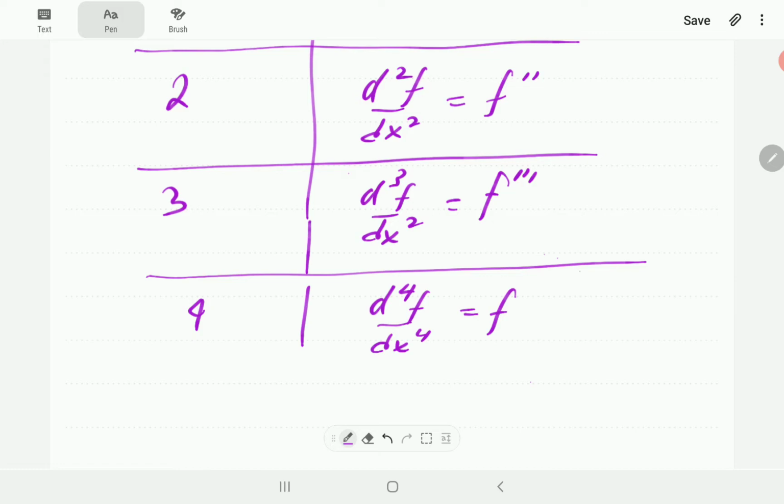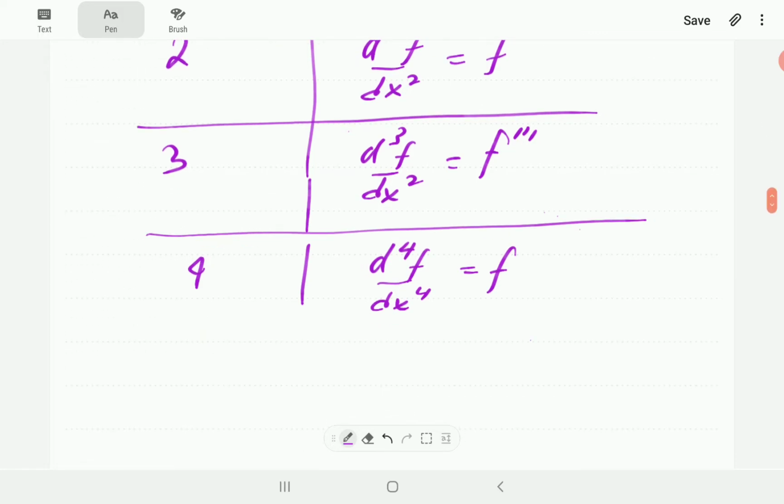Now for derivatives of order beyond 3, we don't continue with the prime notation. We then use the Roman numerals. Either we use the Roman numerals, or if we stick with the Arabic numerals, then we use brackets there.